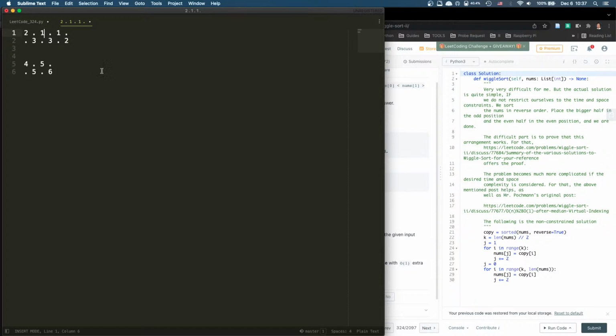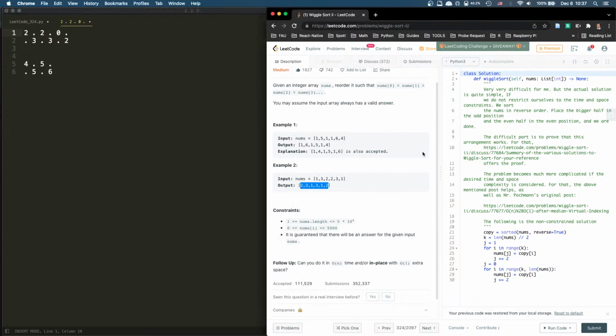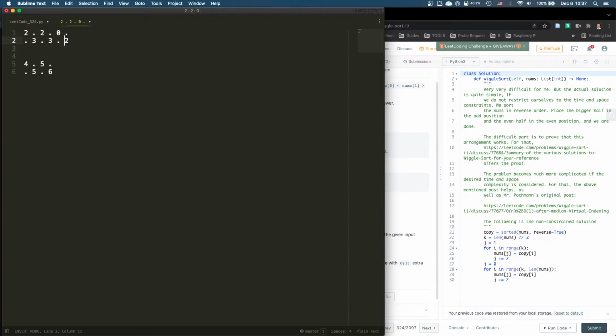Let's say we have a 2 here, and a 0 here, and a 1 here. So this is still wiggly sorted: small, large, small, large, small, and large. But we have a value in the even position which is larger than an odd position.